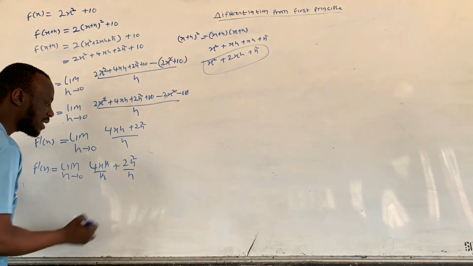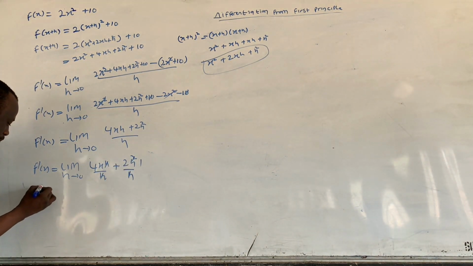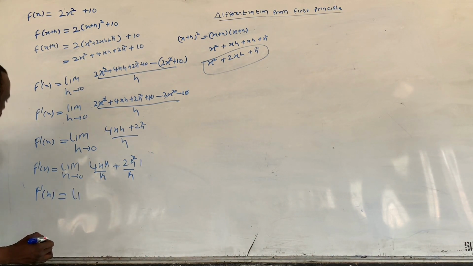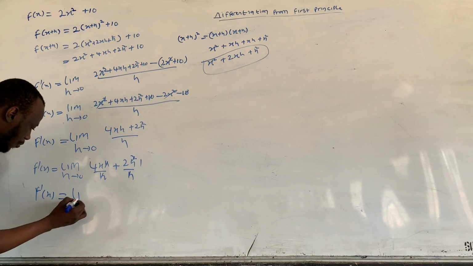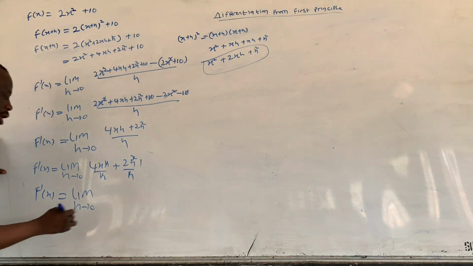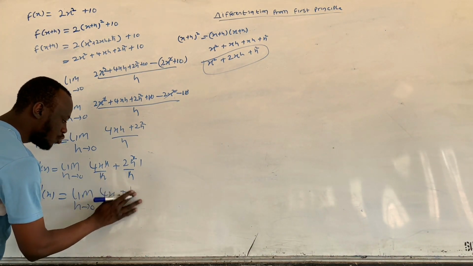H cancels out h in this case because I have a minimum of one h here. This means that f prime of x equals the limit as h approaches 0 of 4x plus 2h.